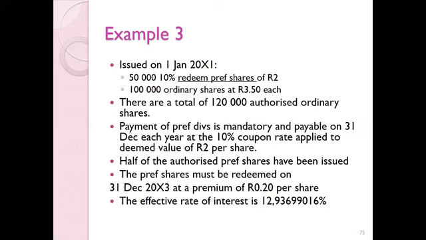Half of the authorized preference shares have been issued, and the preference shares must be redeemed on the 30th of December 20X3 at a premium of 20 cents per share. We're also given the effective rate of interest of 12.93699016%.